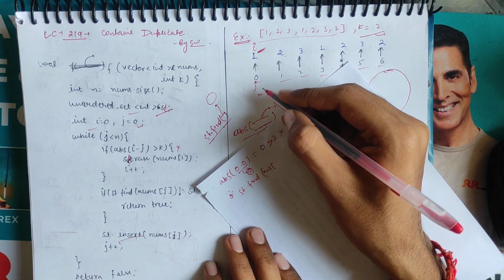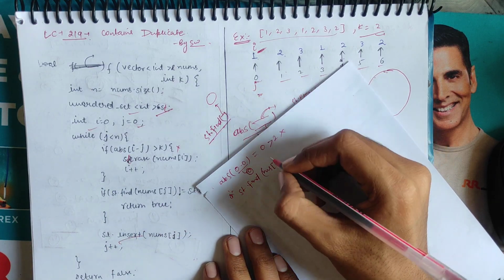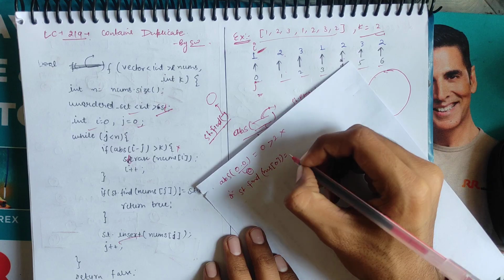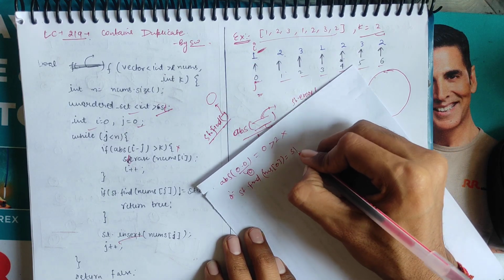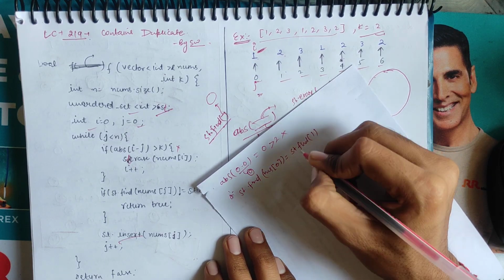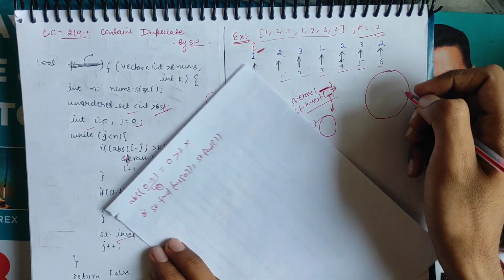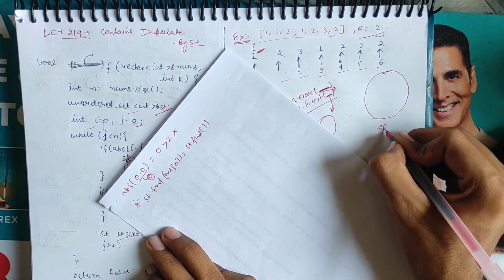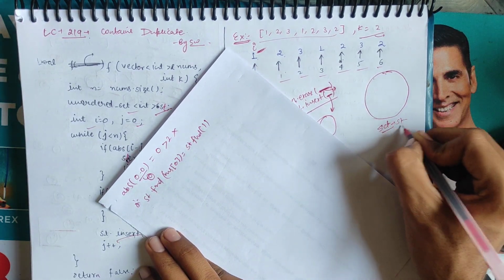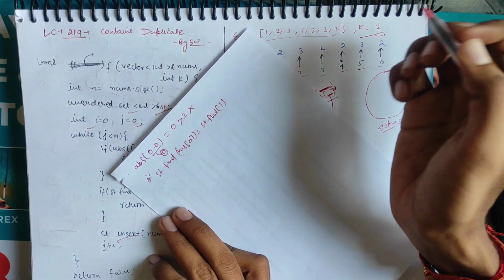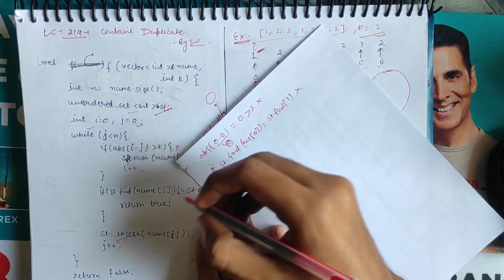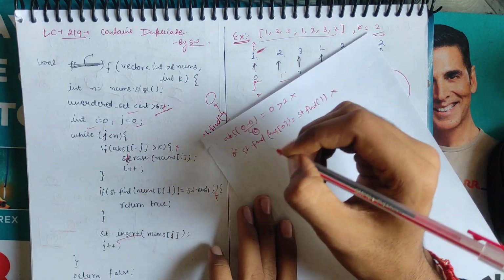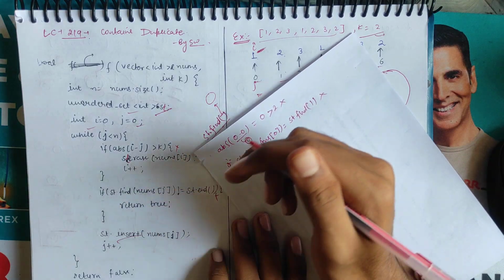What is the value of j now? It is 0. nums of 0 is 1. So st.find 1. Is 1 present in the set? No, the set is empty now. It is our set st. So it is not present, and this condition is also false. It won't be executed further.